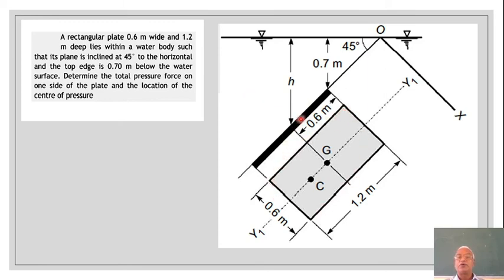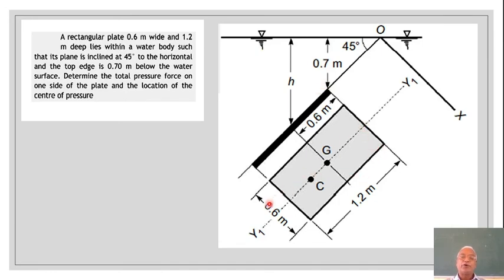Just to understand what this thickened line indicates, it is indicating 0.6 meter as the width, depth as 1.2, and this particular edge, the top edge, is around 0.7 meters from the free surface. The free surface is indicated with a triangle on the top and few lines below. So this edge is 0.7.